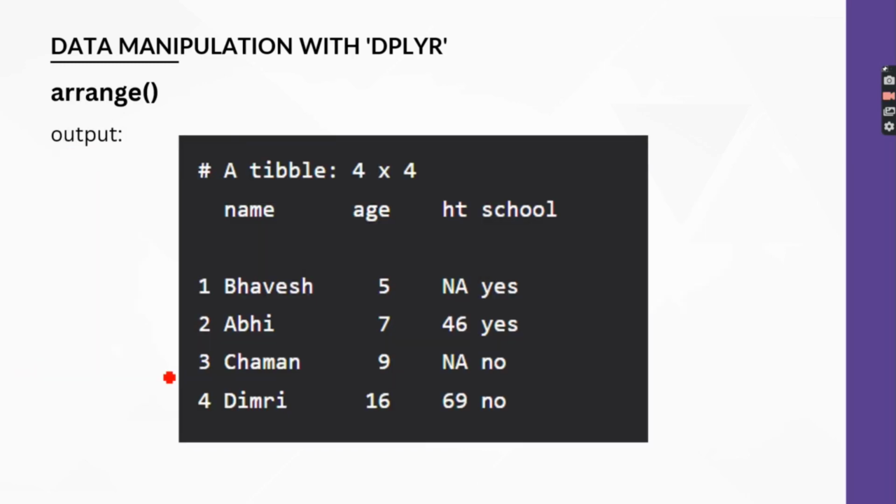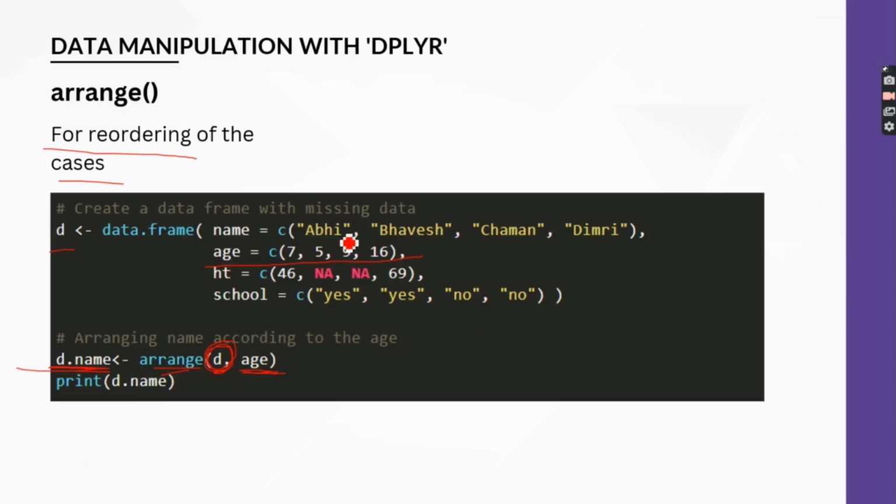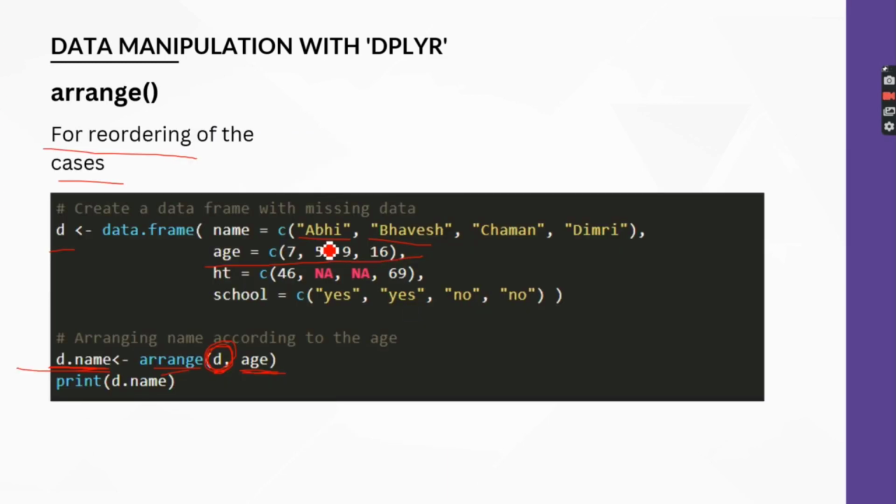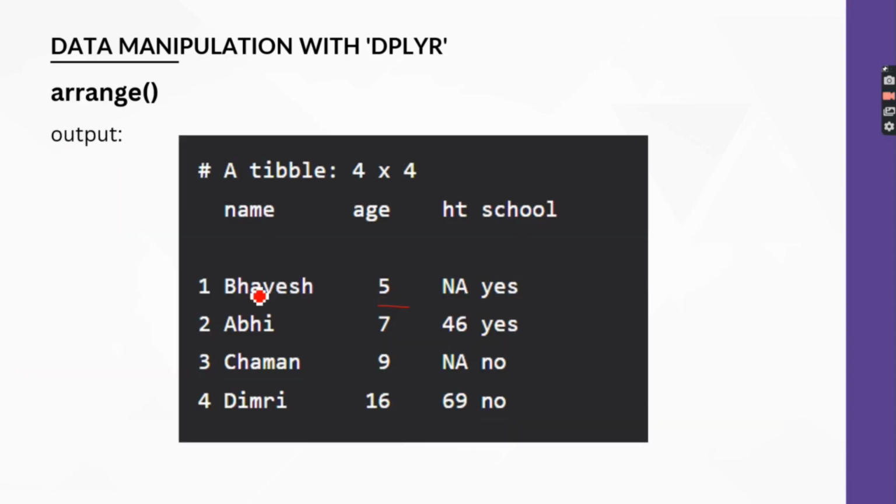The very first name was Abhi, then Bhavesh, but now we are getting it in terms of age. That is Bhavesh first because he has the lowest age, and then we'll get Abhi, then Chaman and Dimri. So this is Bhavesh, Abhi, Chaman, Dimri arranged in terms of age. This is how we can arrange.